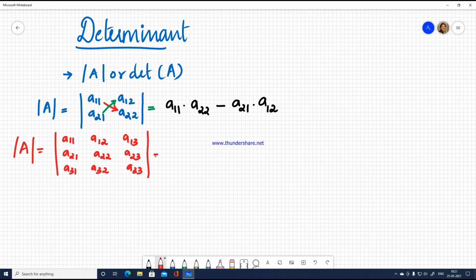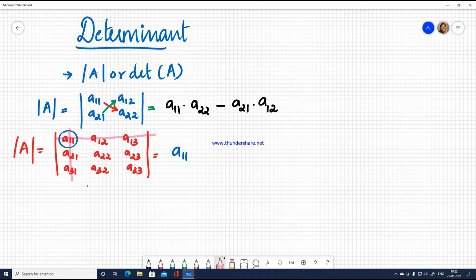Let's consider the first element, A11. I'm taking this particular element, so I'll write A11. Whenever I select a particular element, I need to cover the column and the row containing that element, so I'll get a sub-matrix.